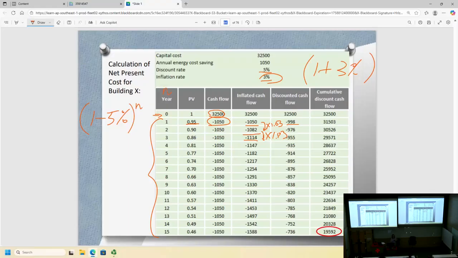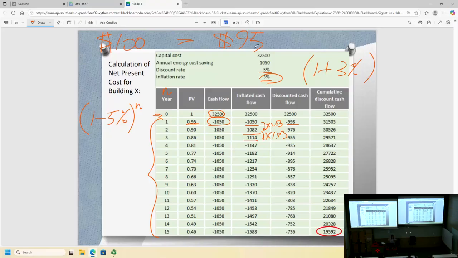This year is n. So in the first year, this present value ratio is 0.95, and it means that if the discount rate is 5%, then getting $100 now is the same as getting $95, 100 multiplied by 0.95, 1 year later.